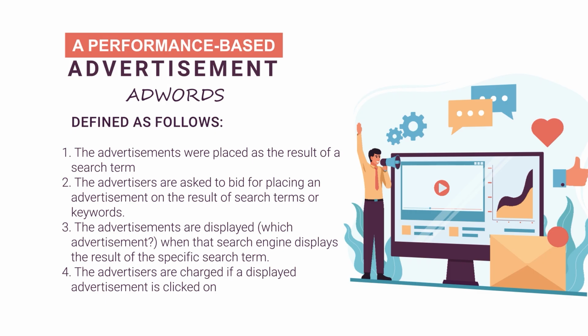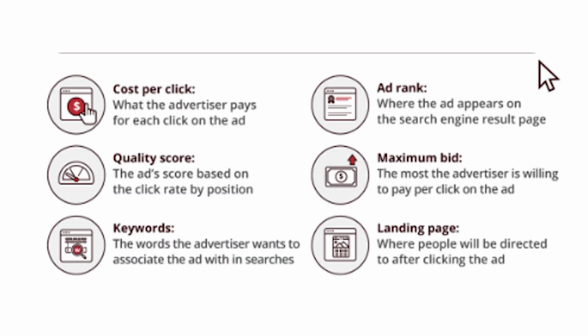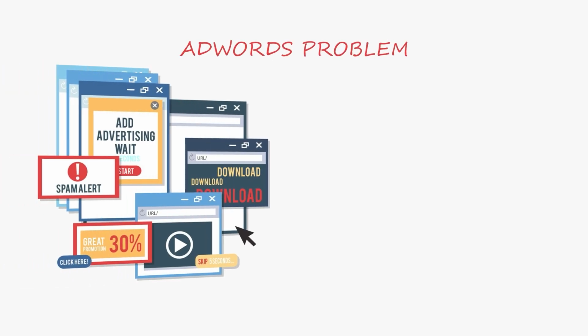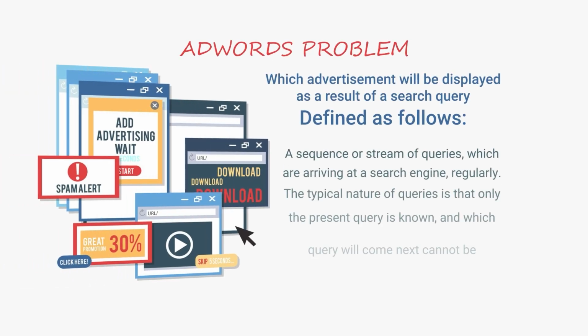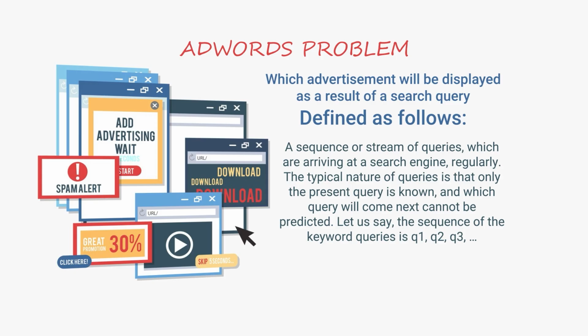The advertisers are charged if a display advertisement is clicked on. So these are the cost per click, quality score, the term related to the keywords, ad rank, maximum bid and the landing page.